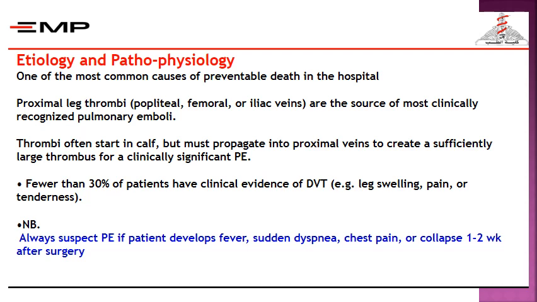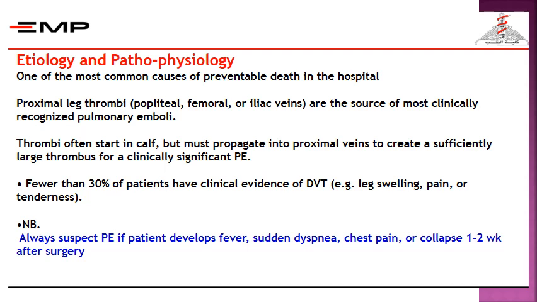Proximal leg thrombi, I mean popliteal or femoral or iliac vein thrombosis, are the source of most clinically recognized pulmonary emboli. Thrombi often start in the calf but must propagate into the proximal vein to create a sufficiently large thrombus for a clinically significant pulmonary embolism.